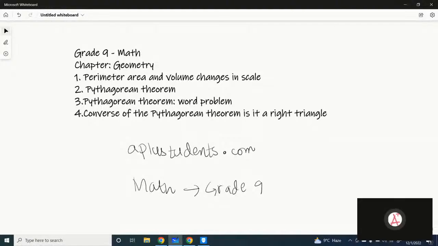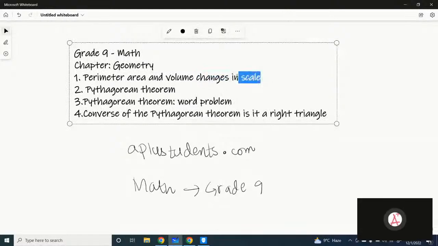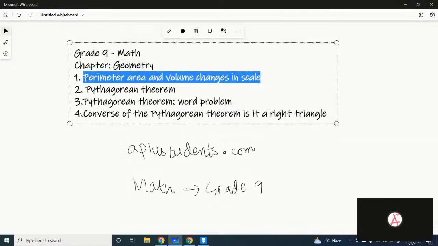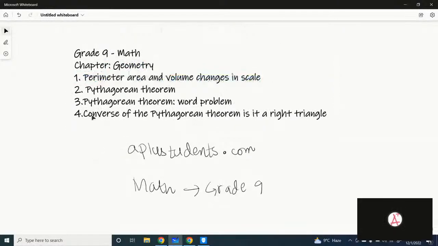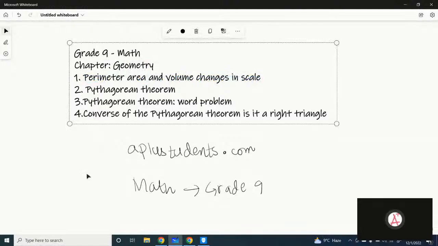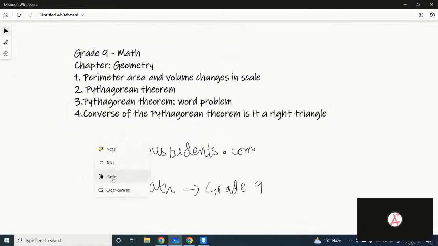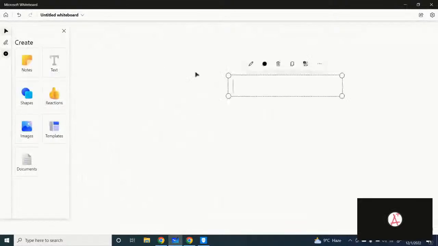Let me write down the name of the first lesson. Okay, the lesson name is perimeter, area and volume changes in scale.